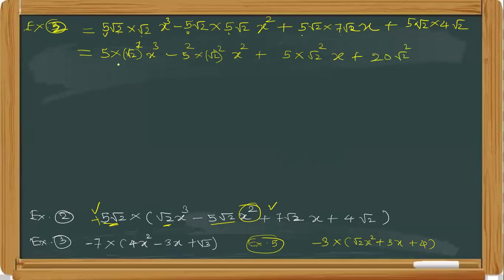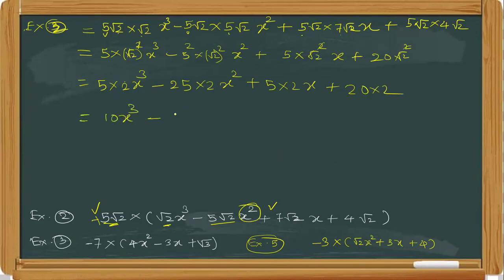The square will cancel the square root, and then 5 into 2 x cube minus 5 square 25 root 2 and square cancel into 2 x square plus 5 into 2 x plus 20 into 2. So it results into 10x cube minus 50x square plus 10x plus 40.